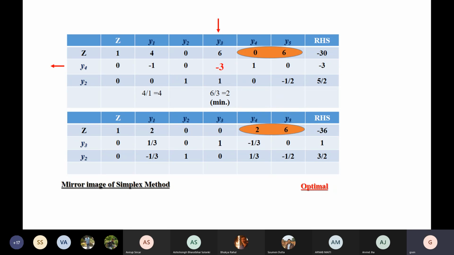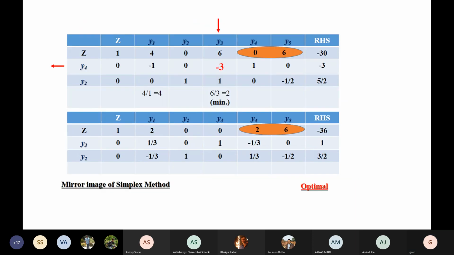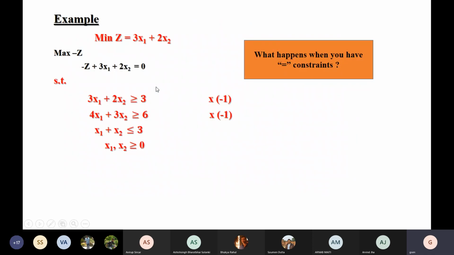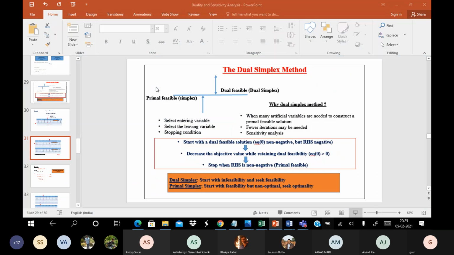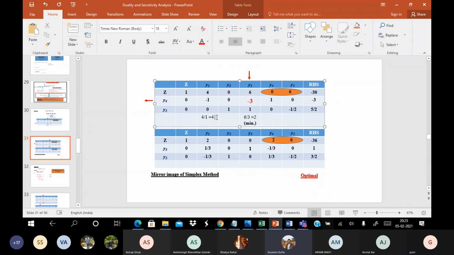Sir, we should consider the coefficients in the y4 row, right?